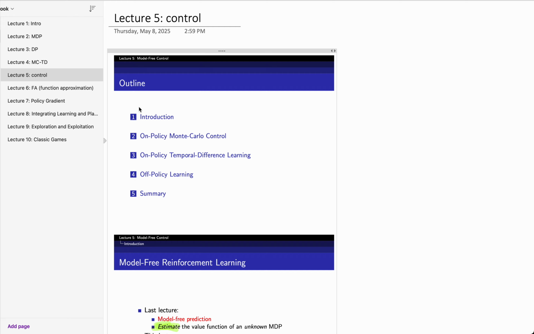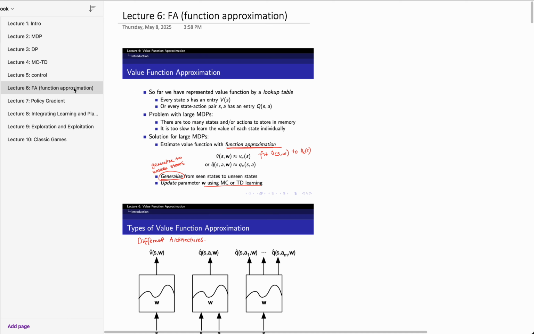And then starting from lecture 6, he basically scaled everything up. All the lectures previously used matrices and tables, but what if the problem scales up, like solving AlphaGo? There are trillions of states, and it is impossible to store everything in a matrix.